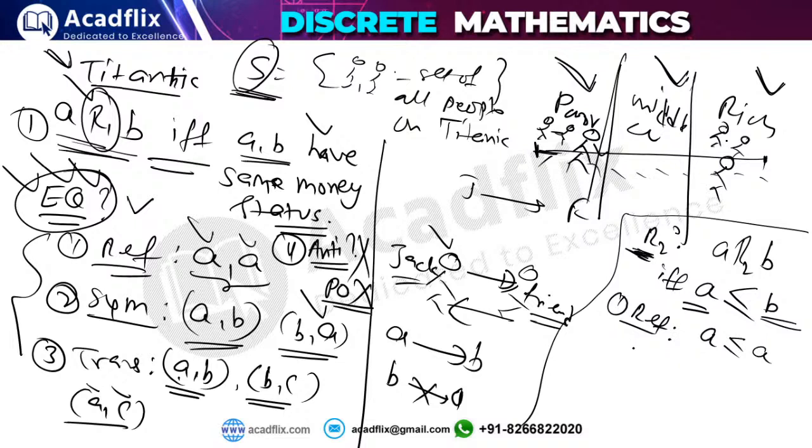Every person has money status less than or equal to himself or herself. Next, anti-symmetric. Wait a second, okay, this is not anti-symmetric.